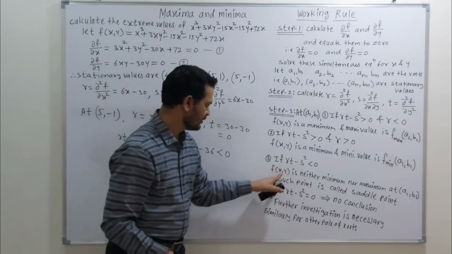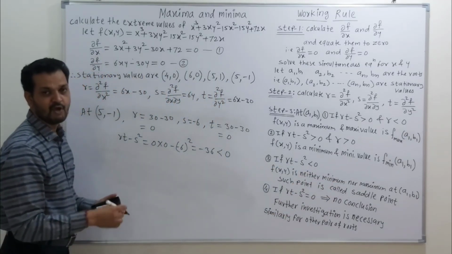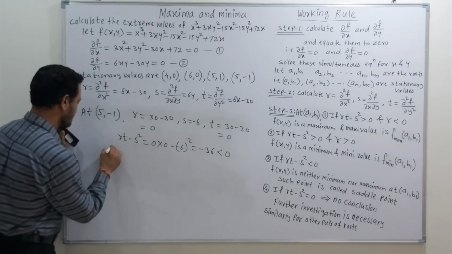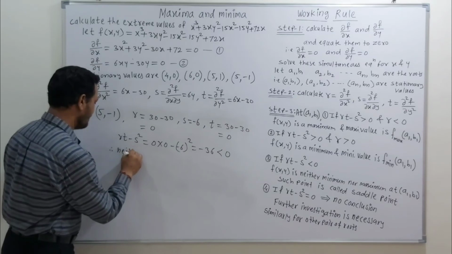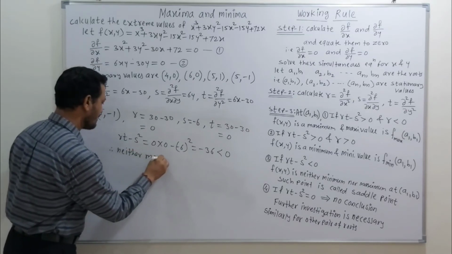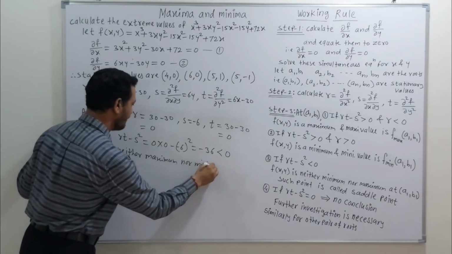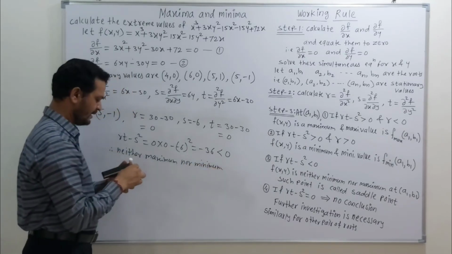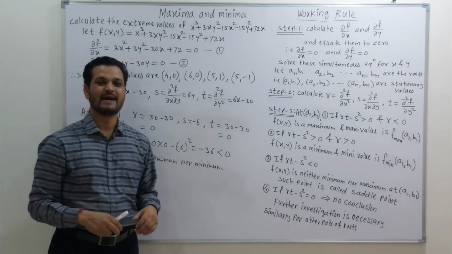As this is less than 0, this indicates that given function is neither maximum nor minimum, and such points are called saddle points. So therefore neither maximum nor minimum.